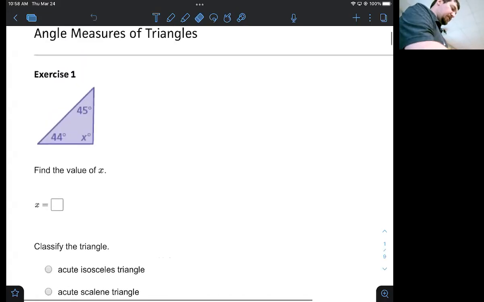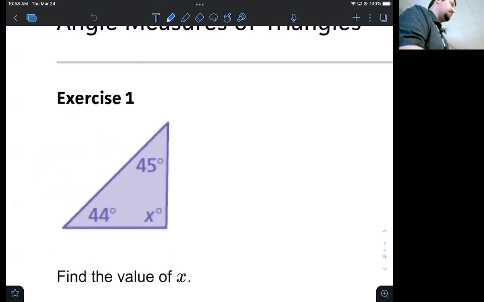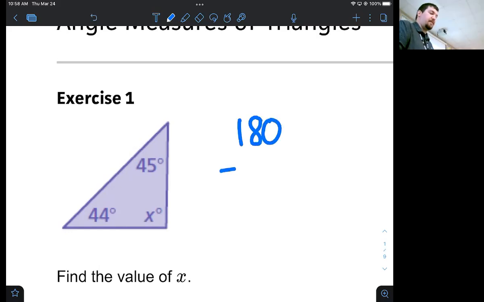So for number one, we can start by subtracting the two angles we do have from what number? 180. All triangles have 180 degrees. So 180 minus 44 and 45. What does that combine to?